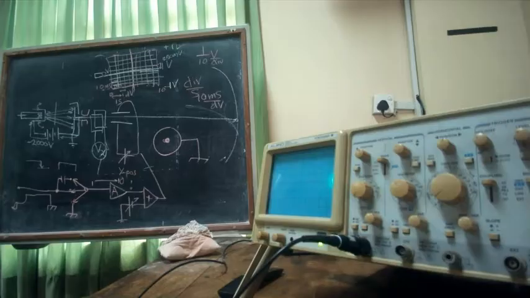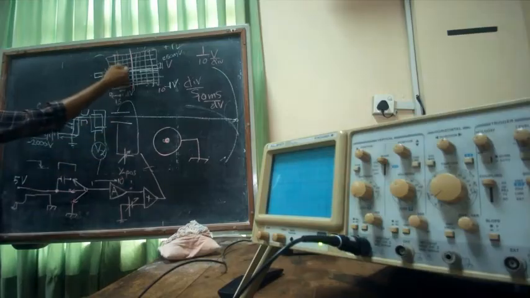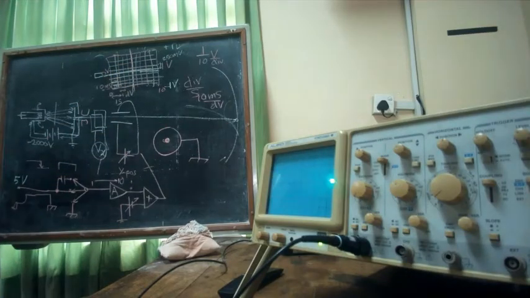So if that is the case, when I apply 5 volts here, it should be 250 millivolts applied to the Y plate. Correct? So now I can calculate the gain as 250 millivolts, this is the output, divided by 5 volts.